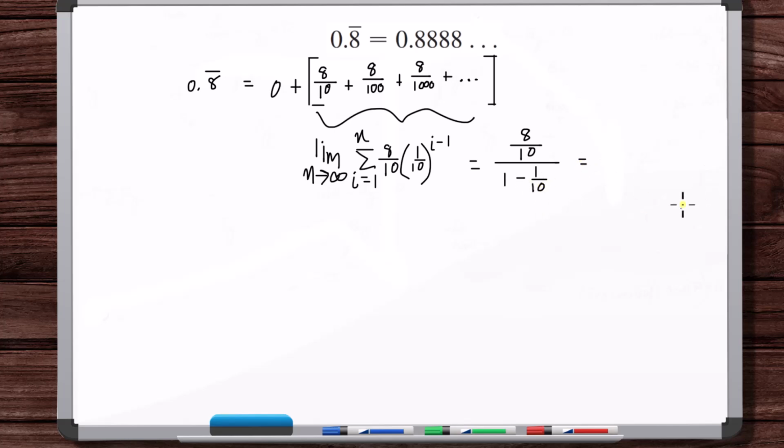So 10/10 minus 1/10 is 9/10. And there you go. That's it. 8 over 9. 0.8 repeating is equal to 8 over 9.